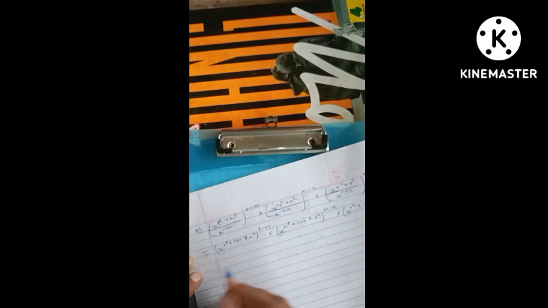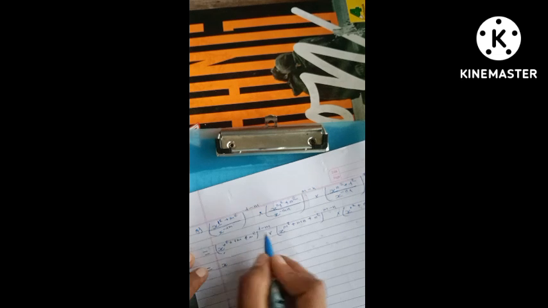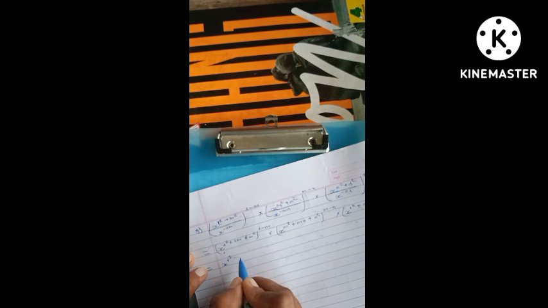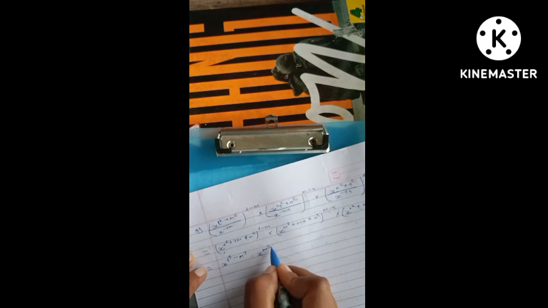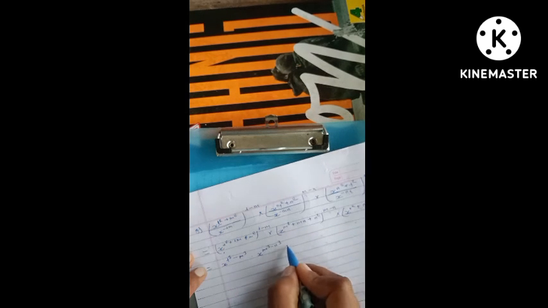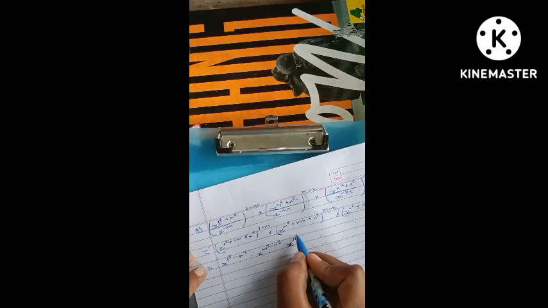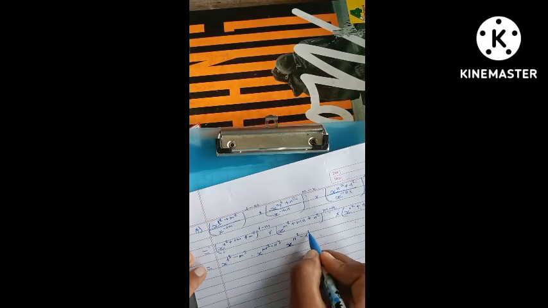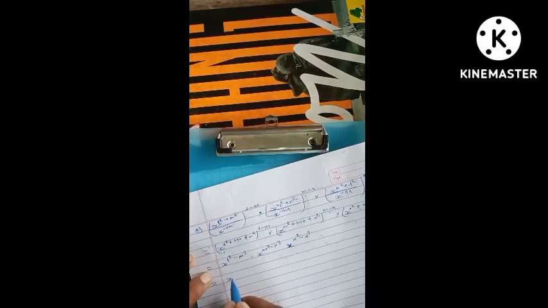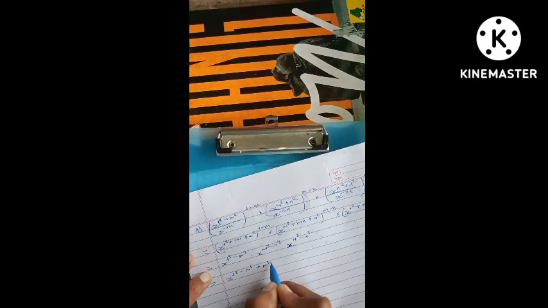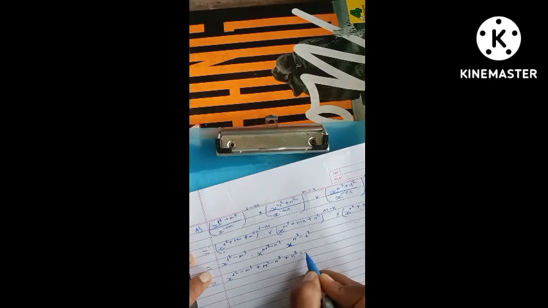Again we can write x^(l³ − m³), x^(m³ − n³), and x^(n³ − l³), which equals x to the power (l³ − m³ + m³ − n³ + n³ − l³).